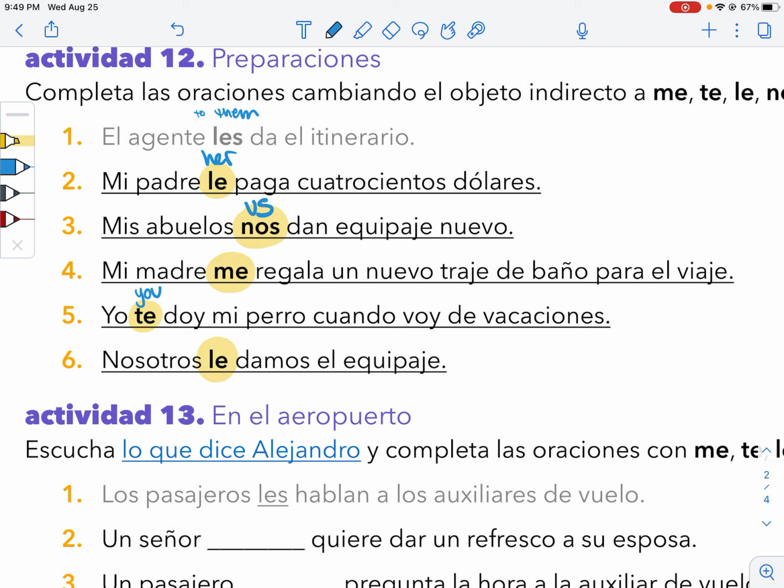Le, because we give it to him. We give it to him. Notice that the verb still matches the subject. So that does not change. The agreement from subject to verb is always the same.